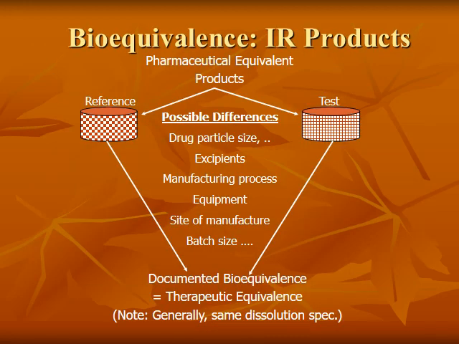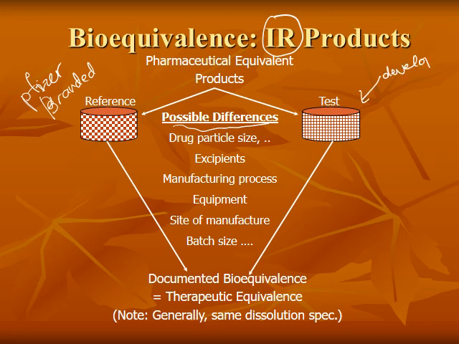So with that, for immediate release products, for example, there are possible differences. For example, we have a drug from a branded company, let's say from Pfizer, and this is the drug that you have developed in your own generic company.